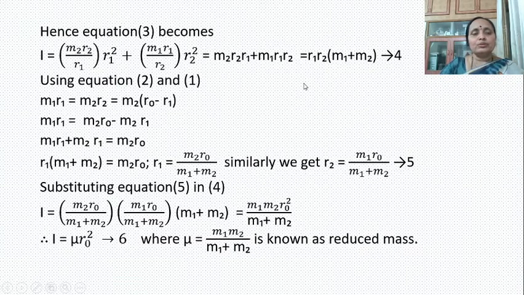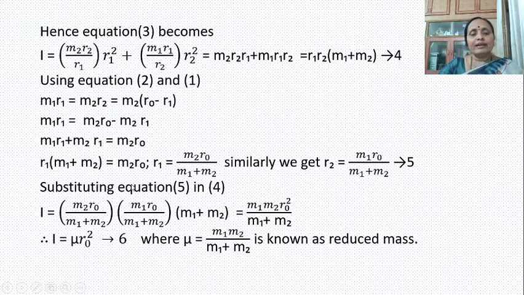Next, using equation 2 and equation 1, I am going to get an expression for R1 and R2. Let us see how we get an expression for R1. I know M1 R1 will be equal to M2 R2, and R2 I can express in terms of R1 and R0 as R0 minus R1.